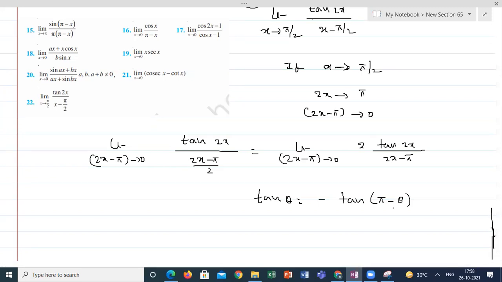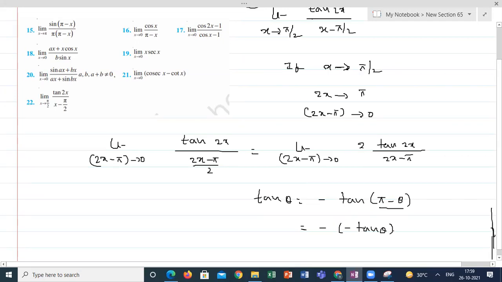Are you clear what I'm asking you? This will be the second quadrant. In the second quadrant tan is negative. Because of pi, tan will stay tan. So the answer is minus tan theta.